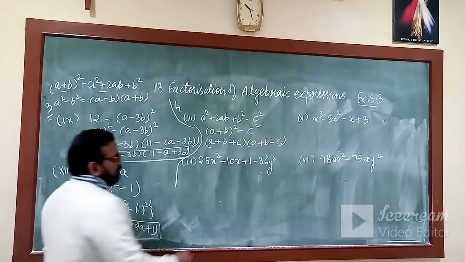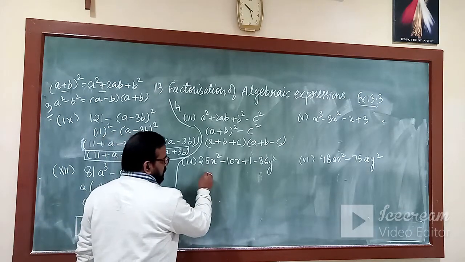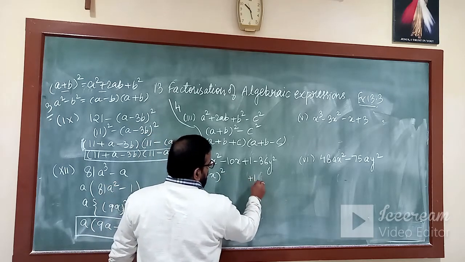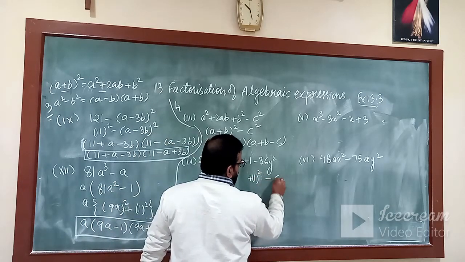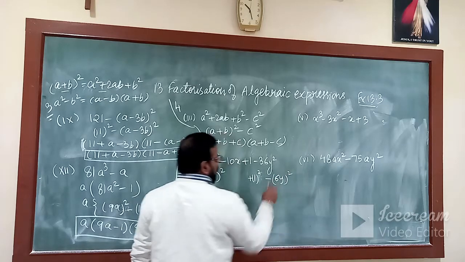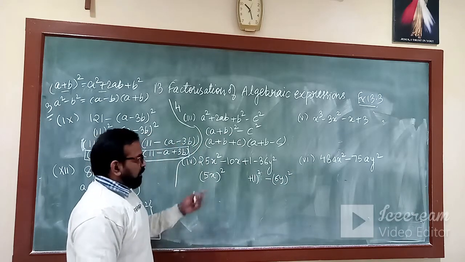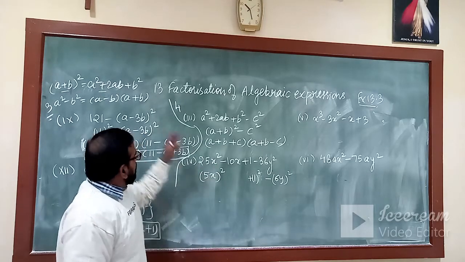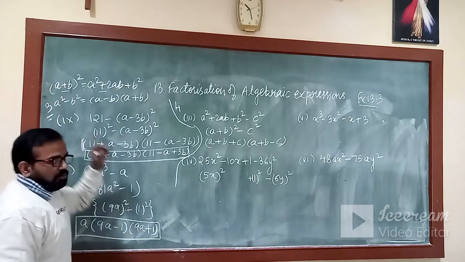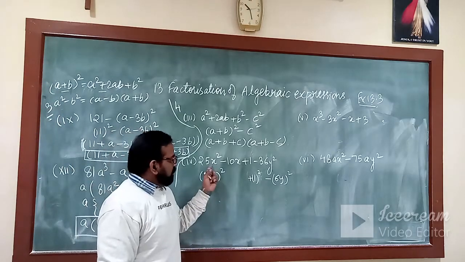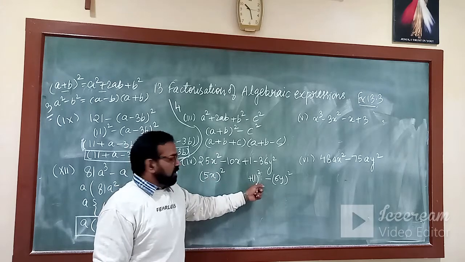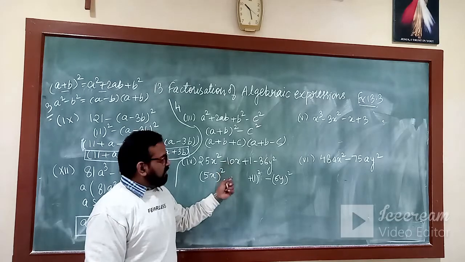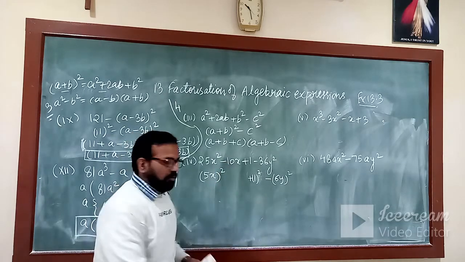Now this is 25x square, so I can write like this, plus 1 square, and this is, we can write 6y whole square. Now if we have to factorize it, or if it is factorizable, then either of these two or three identities should follow. So see, it is a square, it is b square, and some middle term is there, negative. So let's check whether the middle term is matching with this a and b or not.